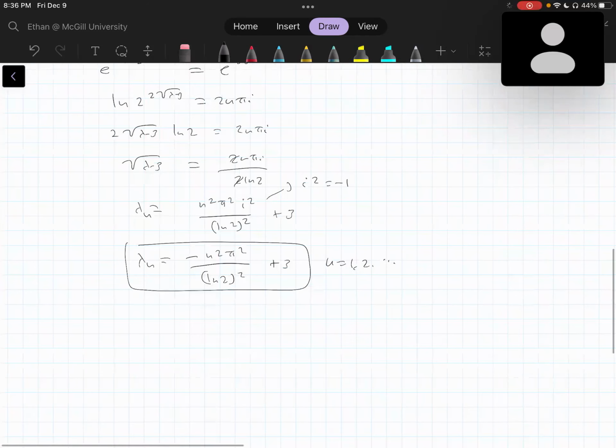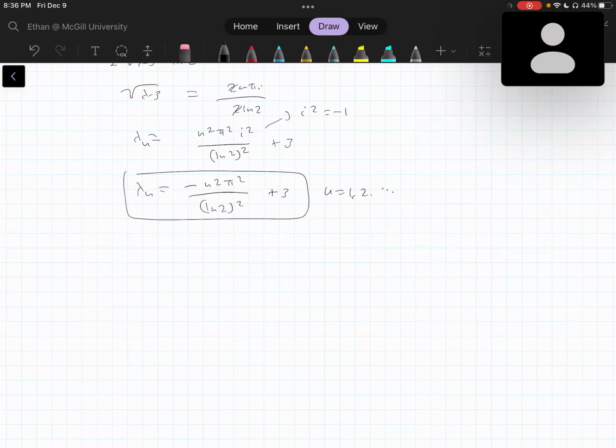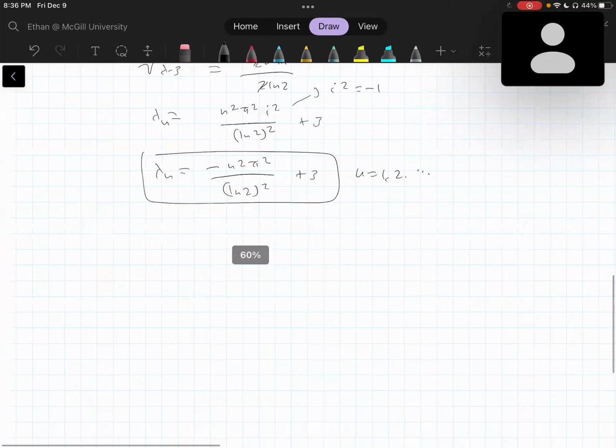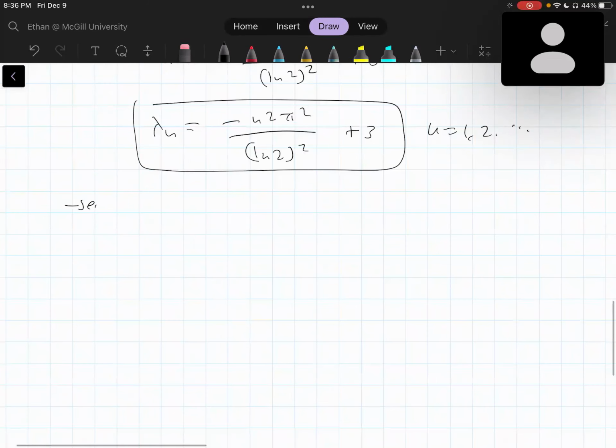Now we want to find our eigenfunctions, which are our functions y_n of x, I should say, which are expressed in terms of our eigenvalues.